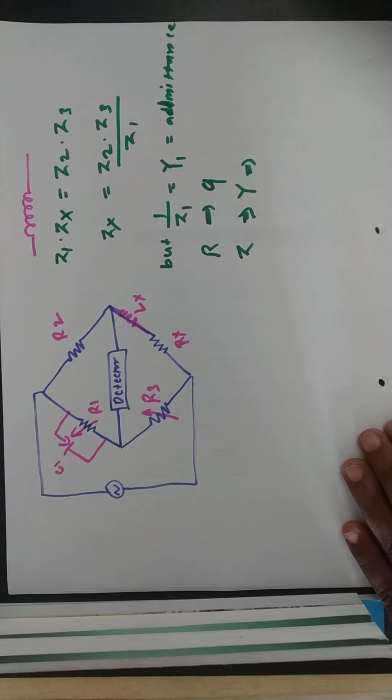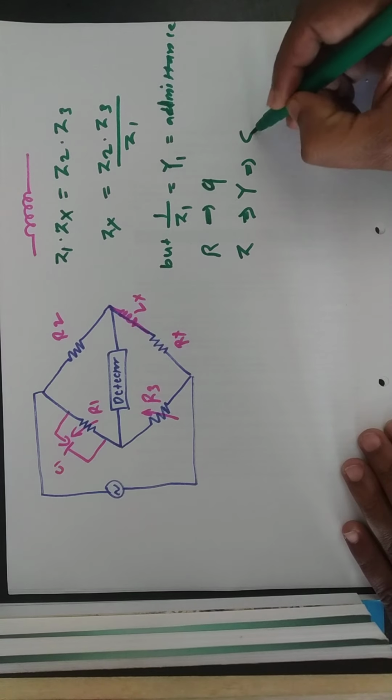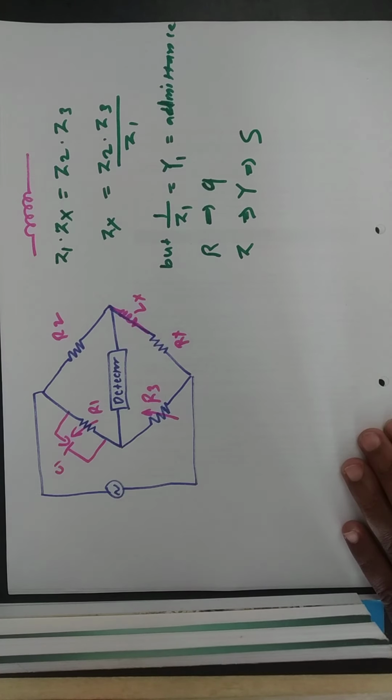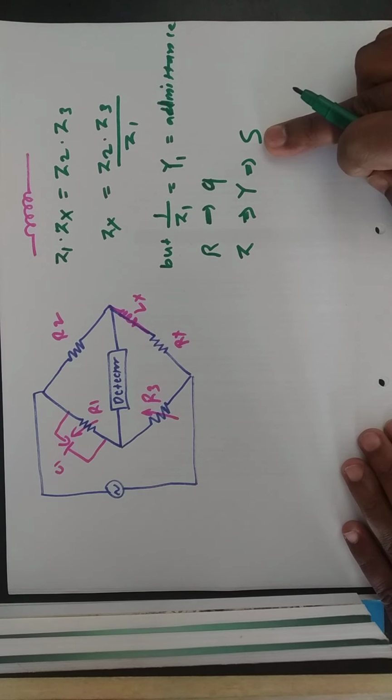So the SI unit of admittance is the Siemens, capital S. Don't forget that capital S is for admittance and small s is for second.